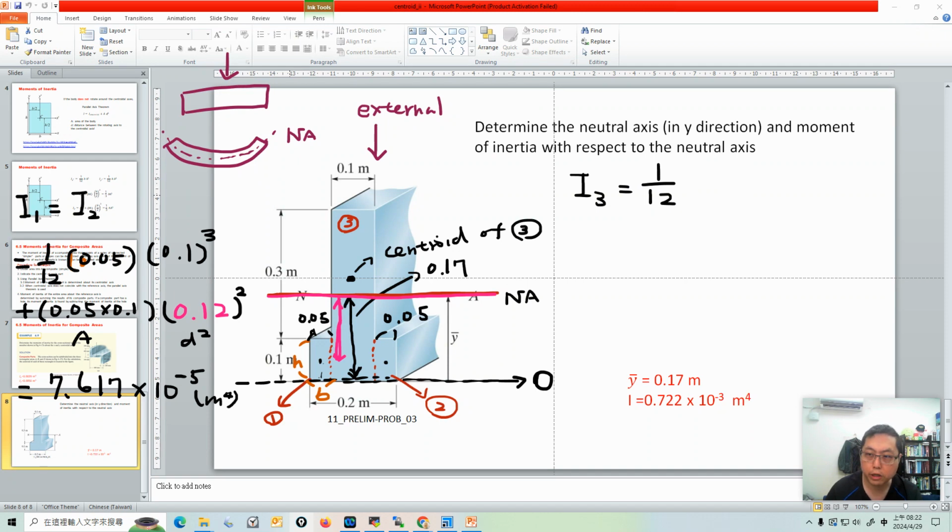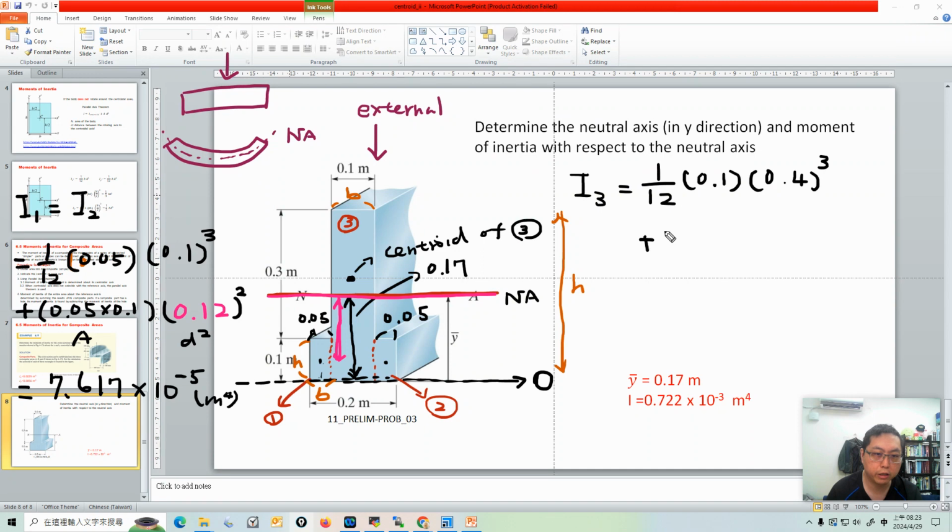Here is your B, and here is your H. So B H cubed, don't forget. Your B is 0.5 and H is 0.4 cubed. That's for the centroidal axis.